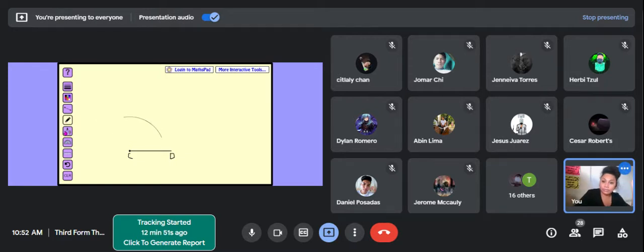And you have your arc. Everybody has that? How much is CD? CD is 4.5. And then you're going to open your compass to 3.8.